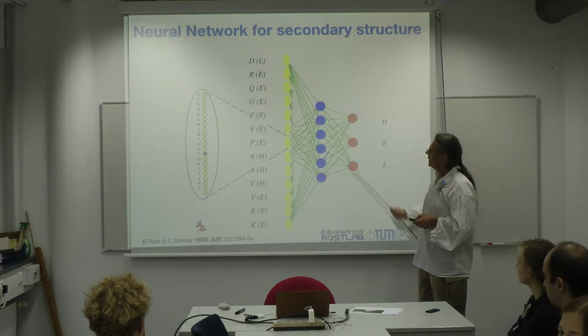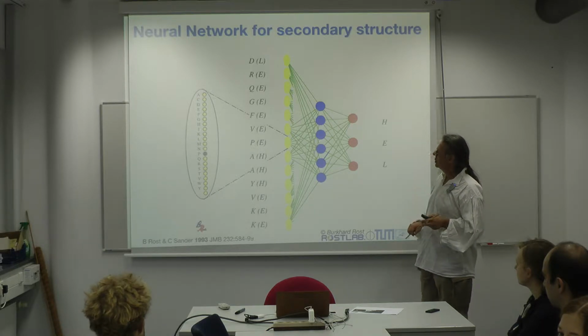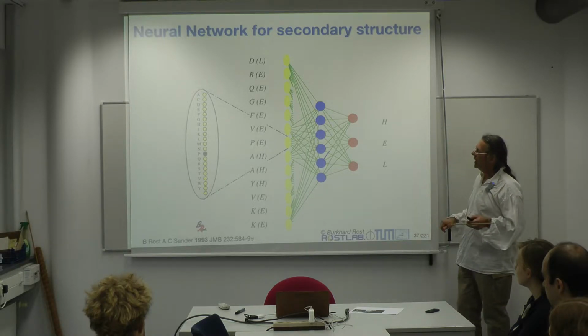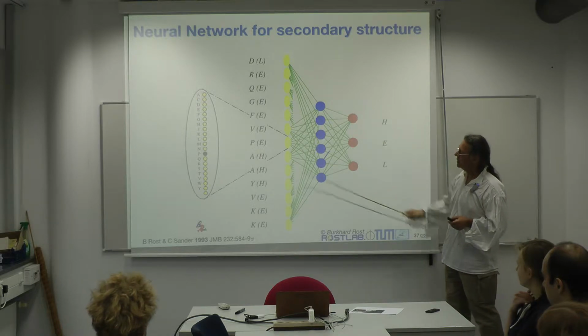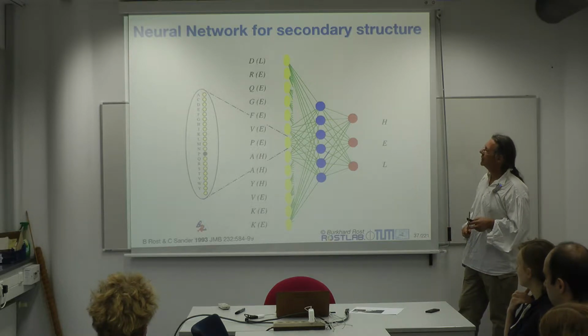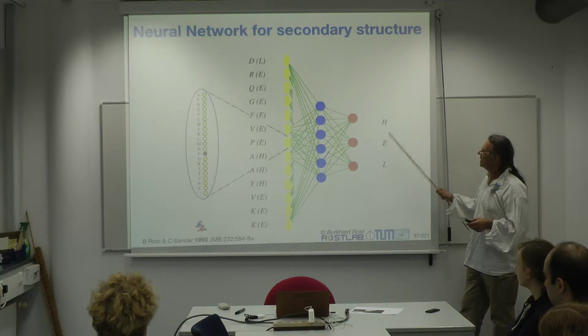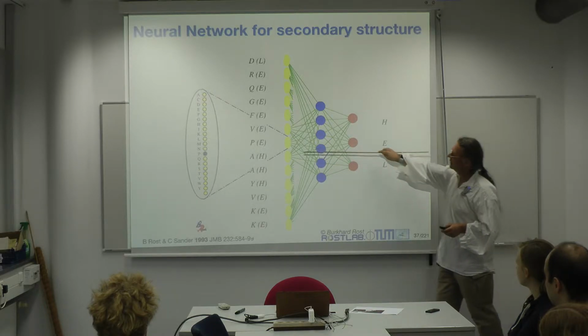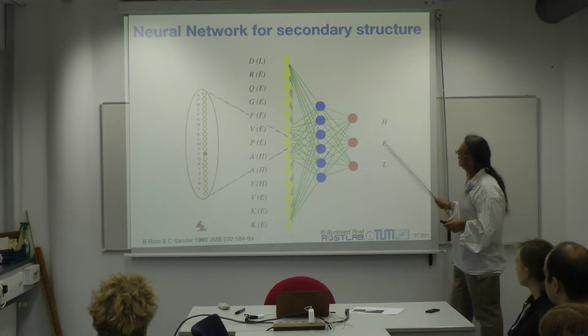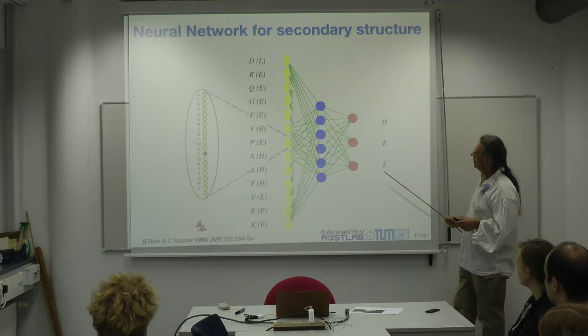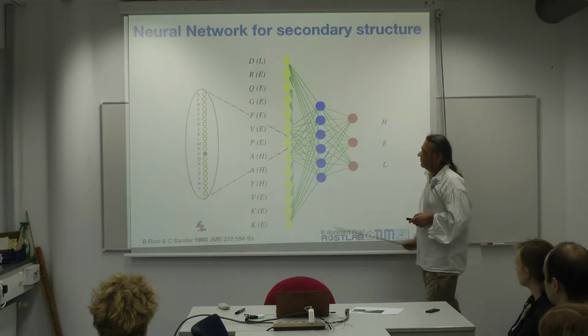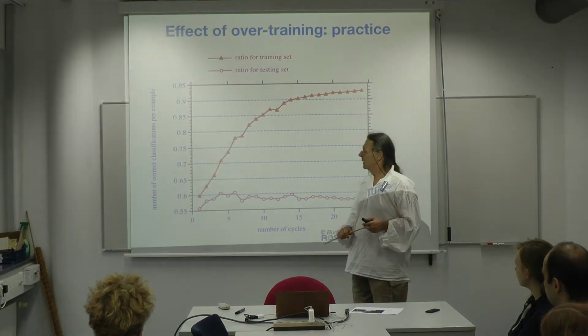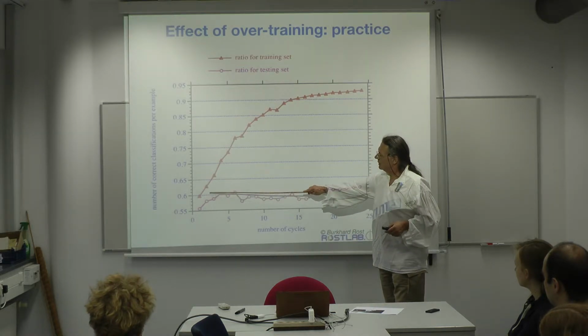Okay, so this is a particular example we showed last semester where we have an input sequence, in this particular case 13 consecutive residues in a protein, and we want to predict in 3 output states whether the residue in the center of this thing here, P, is in a helix strand or other. And for this particular example, now the colors are different.